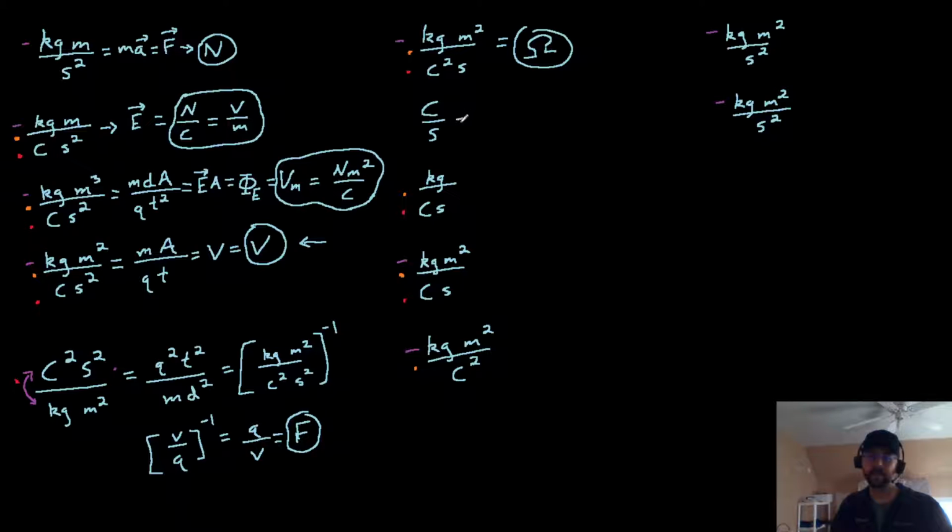This one's easy. Coulombs per second, that's amps, which is current. It's a measure of current. And so this is how many coulombs flow through a cross-sectional area per second.